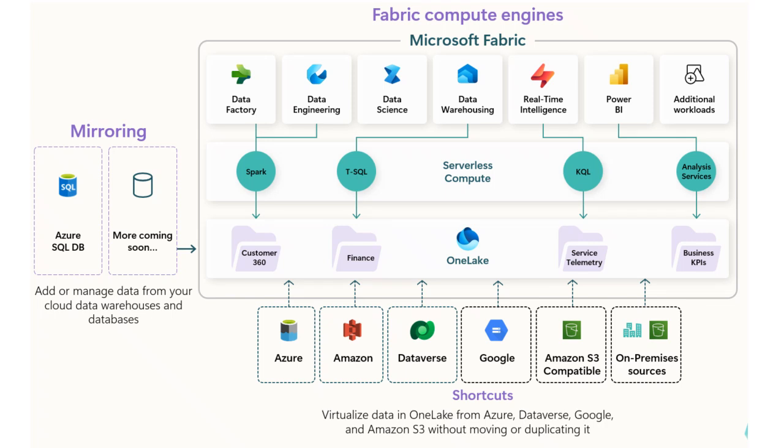Mirroring is another neat capability which offers near real-time replication of operational data from databases and warehouses into OneLake for your analytics. It brings low latency, low cost, and really eliminates the need for complex ETL, providing a turnkey, fully managed solution for continuous data integration.